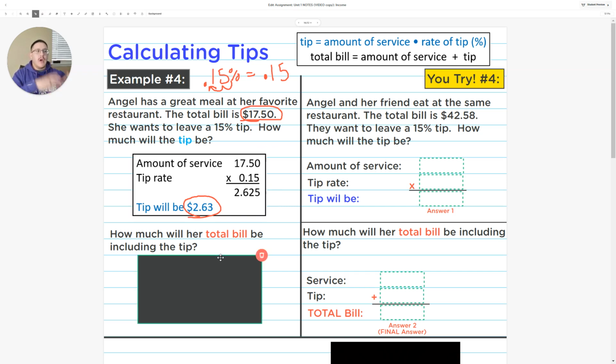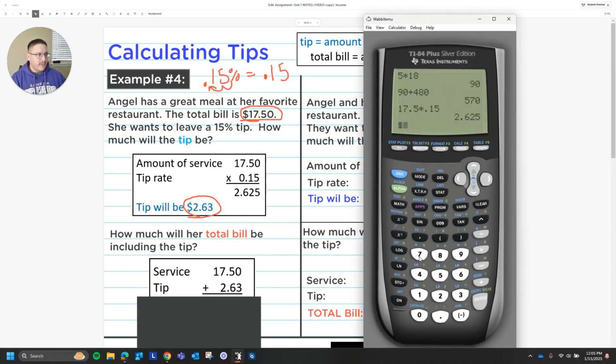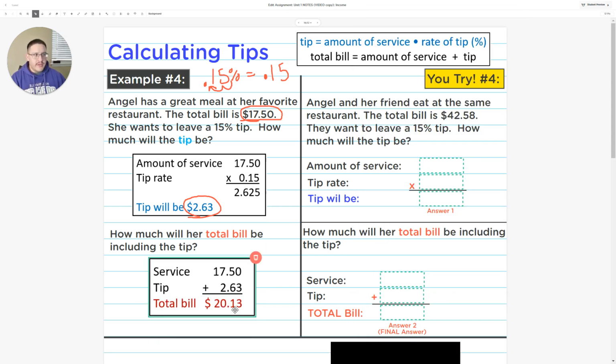So her total bill, including the tip, will be those two numbers added together. $17.50 plus $2.63 is $20.13 for her total bill that she's going to have to pay for this service.